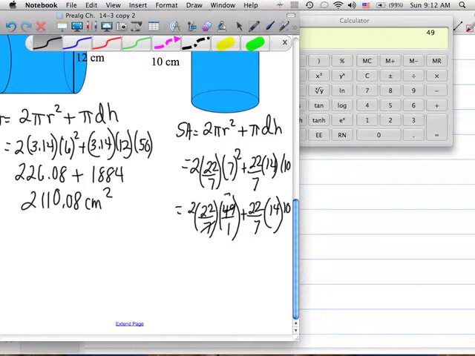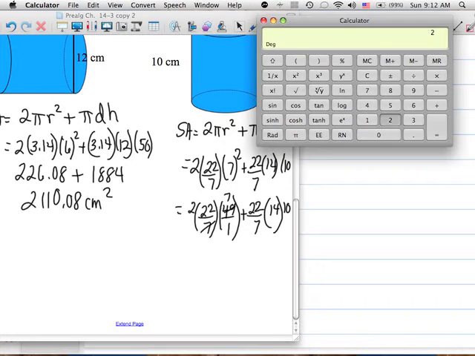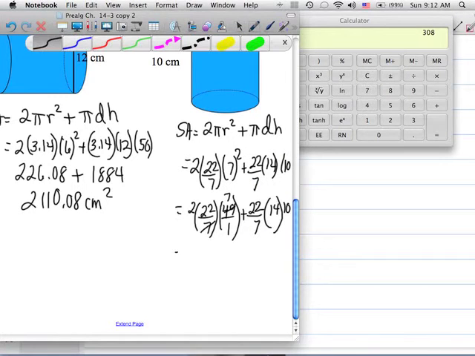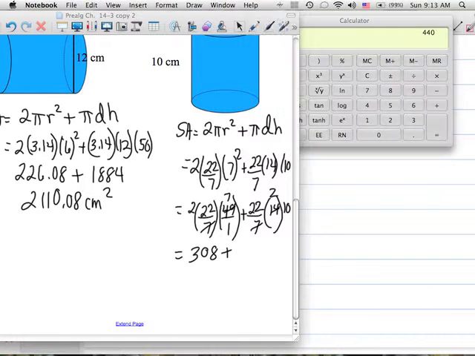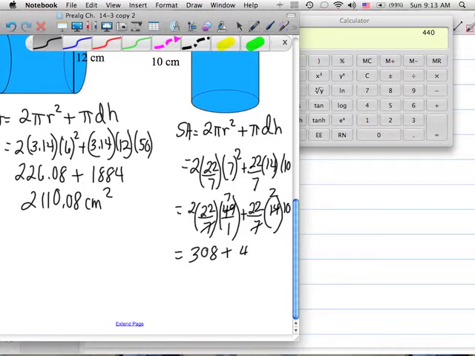So 7 goes into 49 seven times, and 22 times 2 times 7 comes out 308. And 7 goes into 14 twice, and 22 times 2 times 10 is 440. So I add that together and my total surface area is 748, and the unit was centimeters squared.